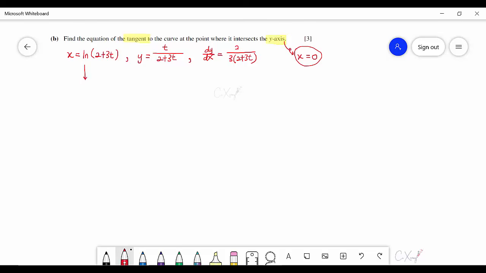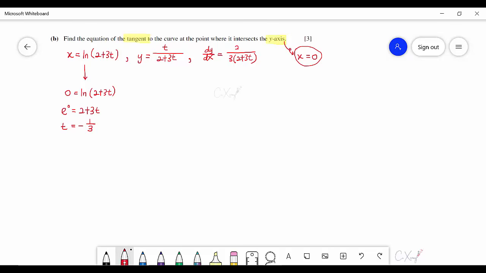All right, so when x equals 0, you're having 0 equals ln(2 plus 3t). So the ln you move over, it becomes e power 0 equals 2 plus 3t. e power 0 is 1. And therefore, from here, you'll get the value of t. So the value of t is actually negative 1 over 3.